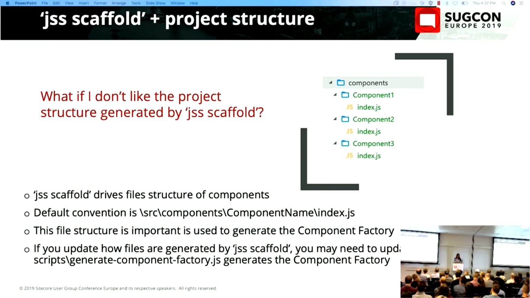You can actually have navigation.js, whatever.js. So if you don't like this really bulky folder structure, you might want to change how the files are generated. If you do that, just be aware that you might have to also update how the component factory is generated.